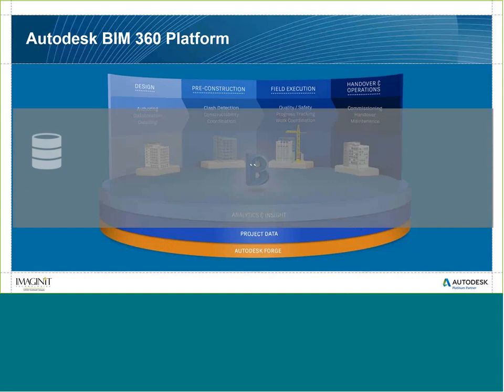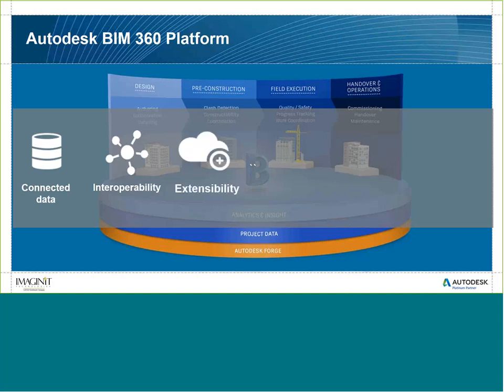So what this platform is really trying to do is have connected data, allowing it to communicate with itself, and extensibility, meaning that it can communicate with outside parties as well. It's also access to this data in context anywhere you are, on your phone, on your tablet device, or on a PC, in the field or in the office.